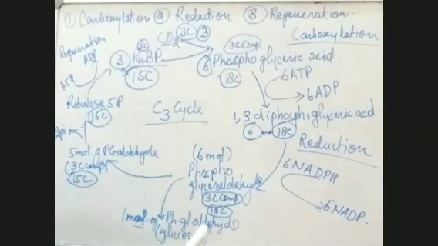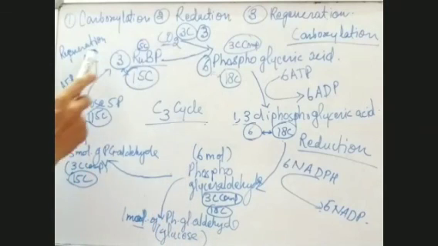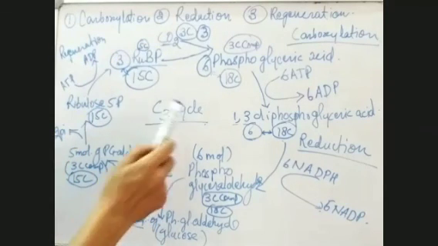This phosphoglyceraldehyde, 6 molecules are formed. I am saying this because it's not exactly 6 molecules. Whatever is formed, a fraction of that goes for the synthesis of glucose. Here, for convenience, I have taken 3 molecules. Actually, whatever is formed, the sixth fraction of that goes for the formation of a glucose molecule. The rest move into the regeneration phase of the C3 cycle.